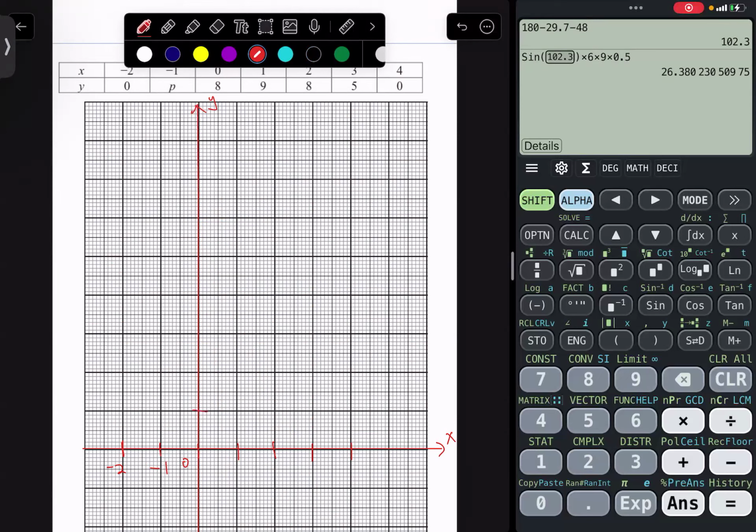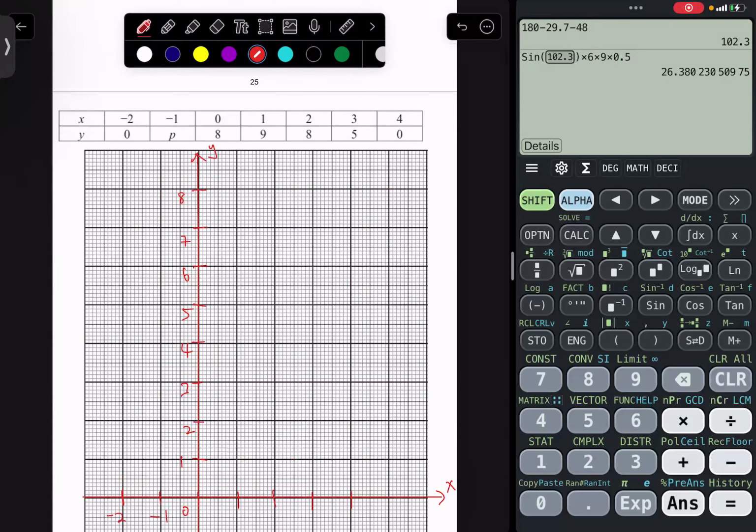Then I have 1, 2, 3, 4, 5, 6, 7, until 9. That's nice.